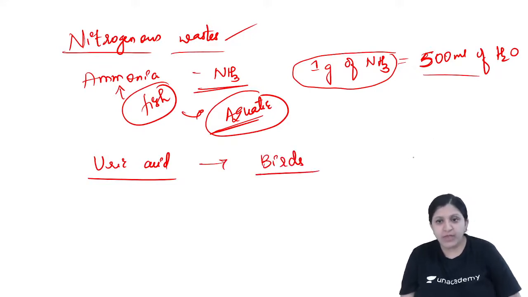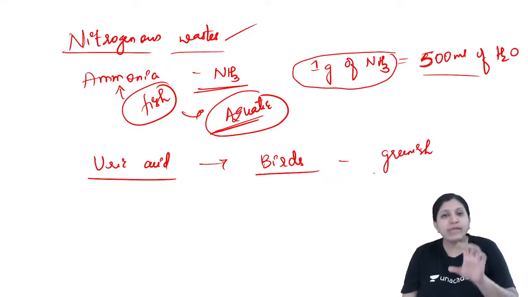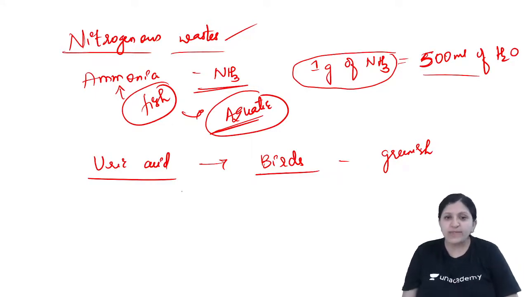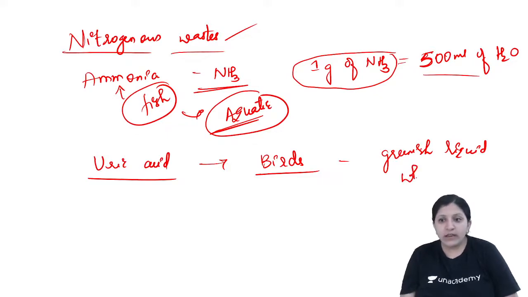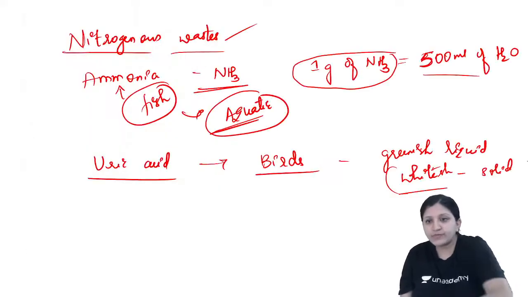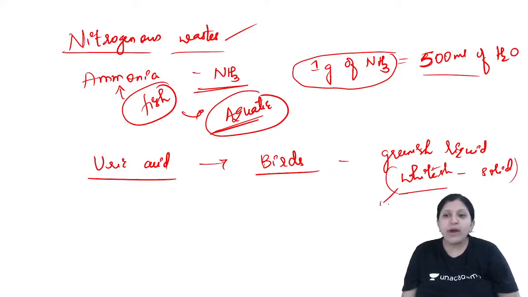If you observe bird stool, it has a somewhat greenish liquidy part, and you might have observed a whitish, somewhat solid part. This whitish solid part is actually the uric acid.